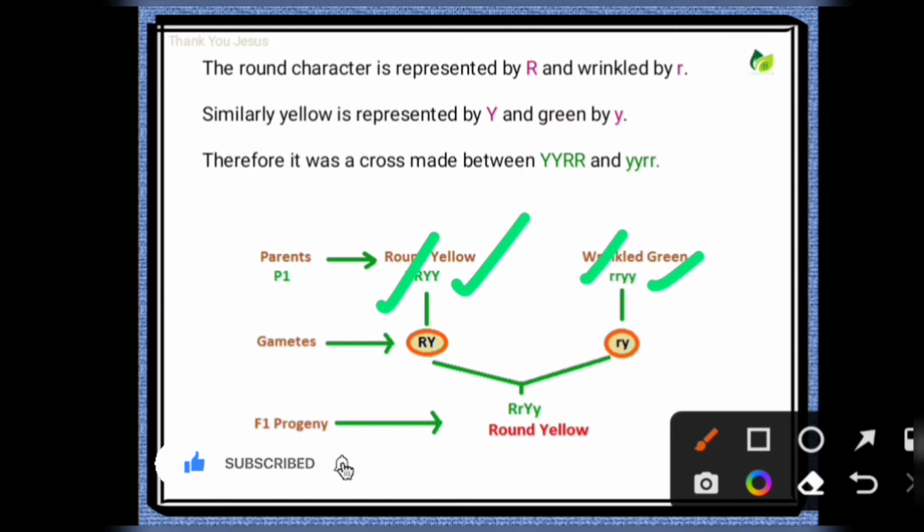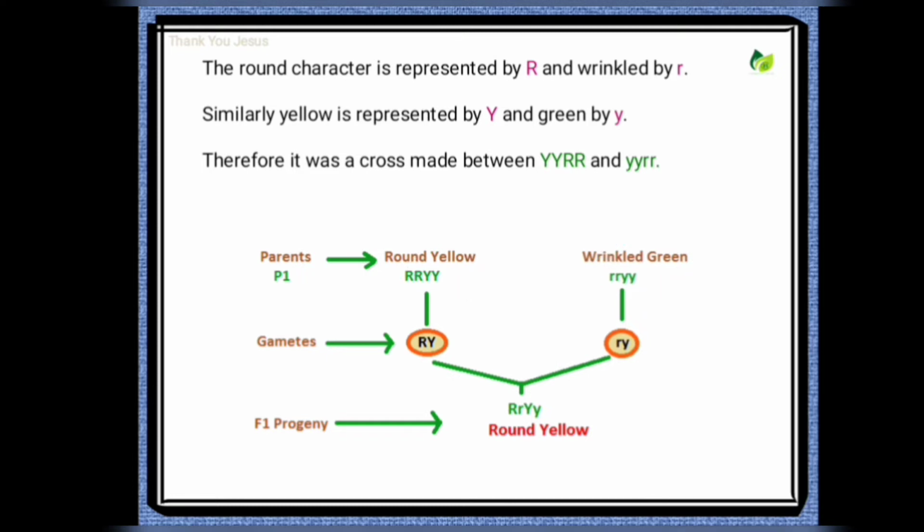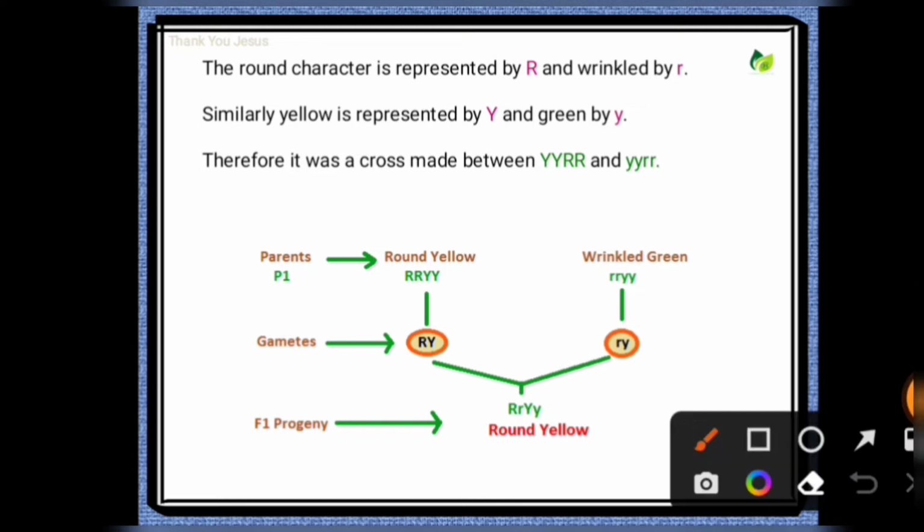Why? Because round is dominant over wrinkled, and yellow is dominant over green. So that's why. Therefore, it was a cross made between RRYY and rryy.